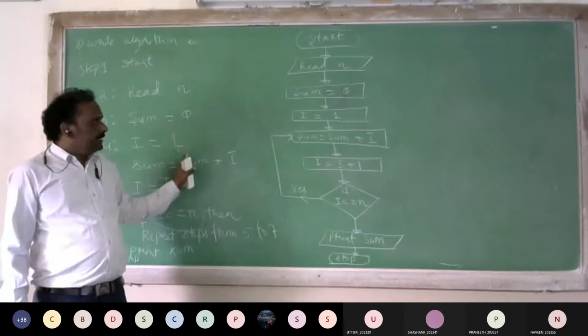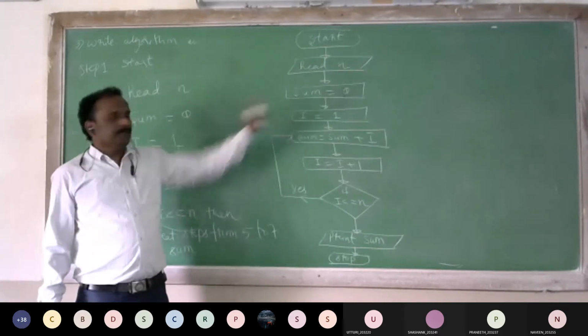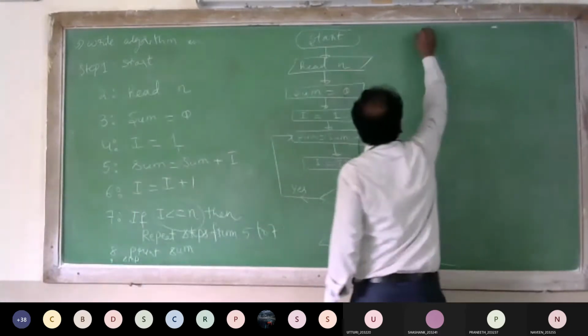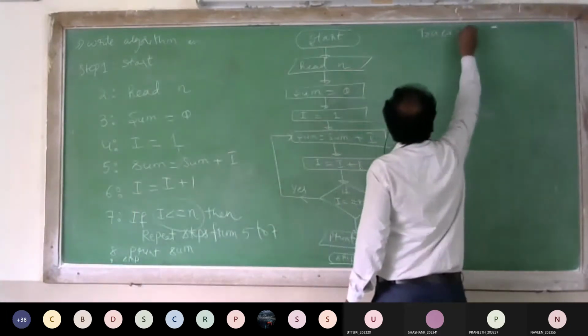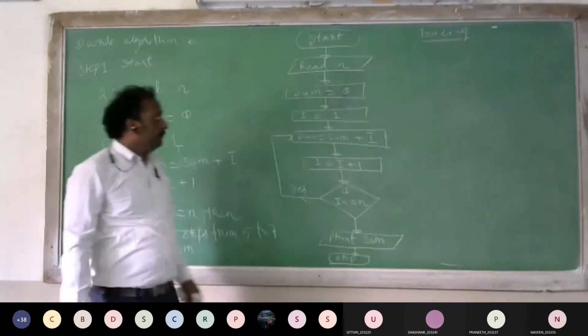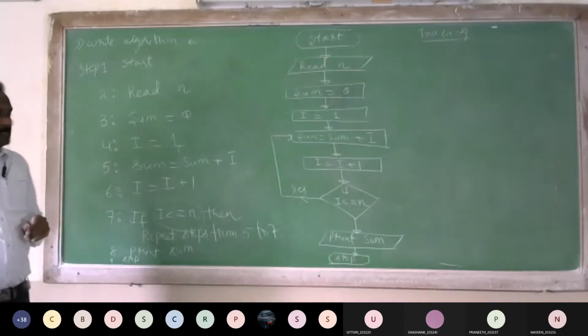Now we have to see whether this flow chart or algorithm works for all the values of n. Now, tracing. First we have to observe what names we have used.